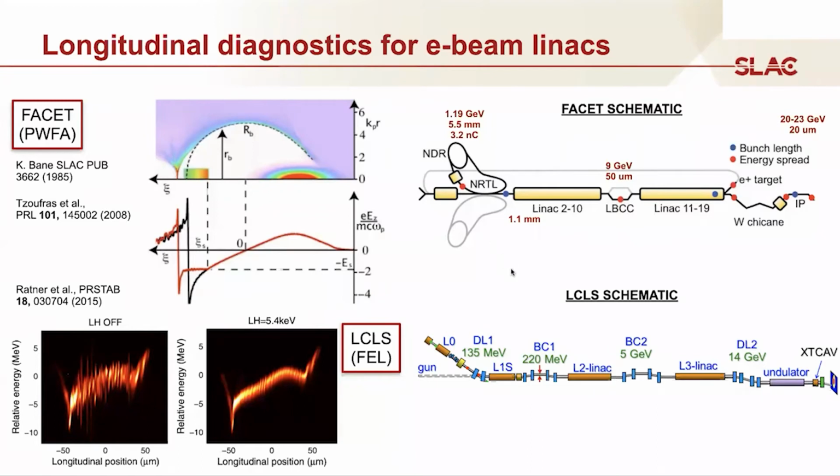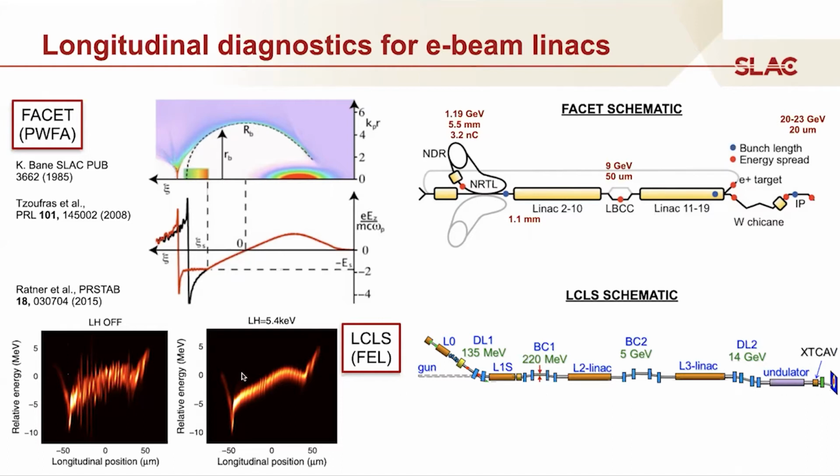For the other large accelerator facility here at SLAC, the LCLS, one of the very important diagnostics is the longitudinal phase space measurement, which affects the free electron laser performance. These are two pictures which show two different longitudinal phase spaces going down the linac and measured at the exit of the linac.